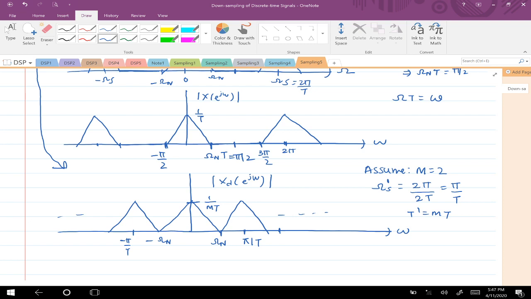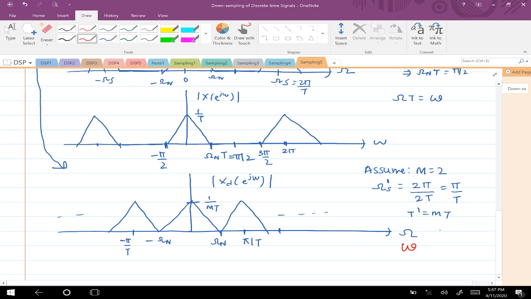This is in fact not Xd of e to the j omega as such. Whatever I have drawn so far is for omega. Now instead of that omega, let me do it out. Don't worry about the scaling on the x-axis, but let's see where this will fall. So this needs to be multiplied by M, right? This needs to be multiplied with the time period.